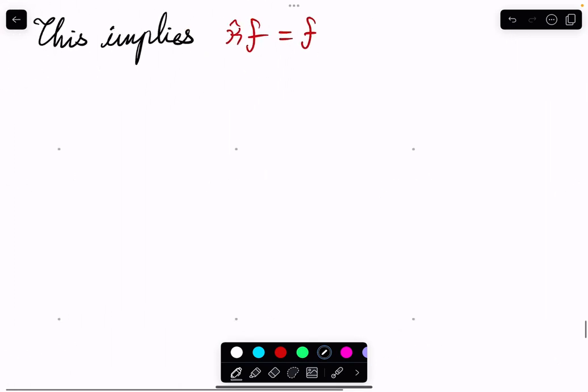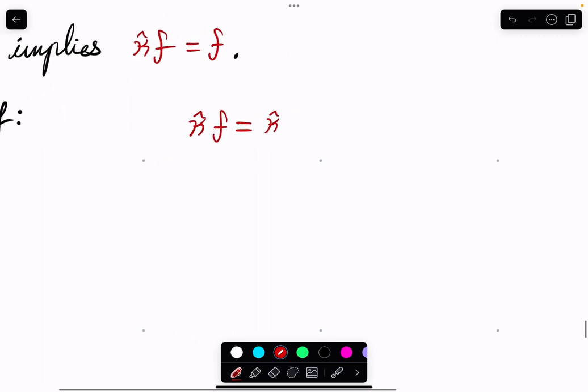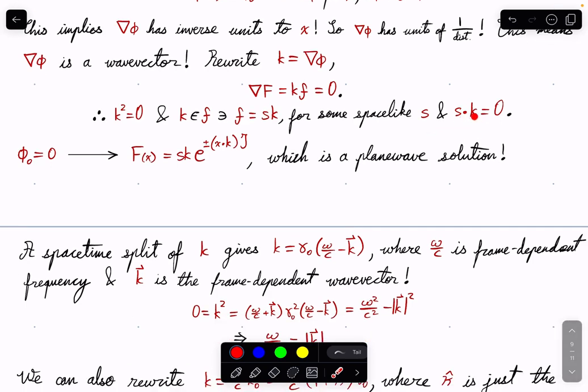And so I'll do a proof. First you have kappa vector times f, which is equal to kappa vector times sk, which is equal to negative s kappa k, because of this ks here, they anti-commute, and that was found here because their dot product is equal to 0.